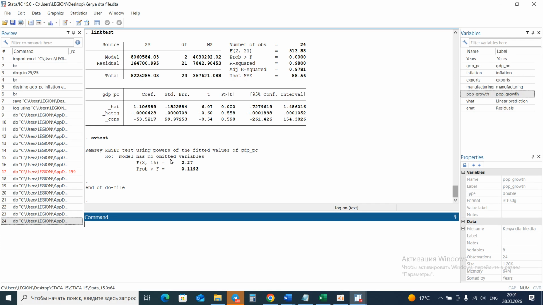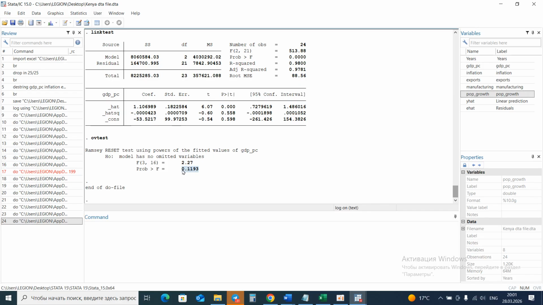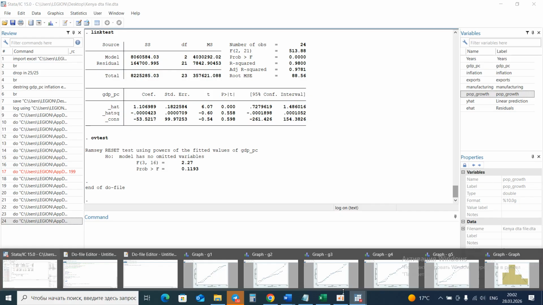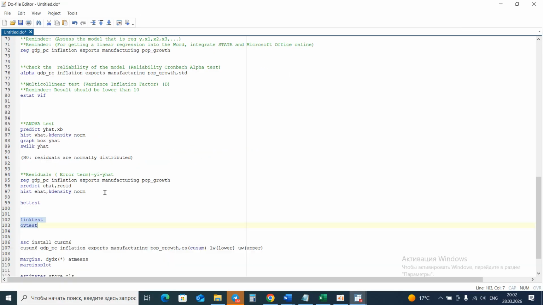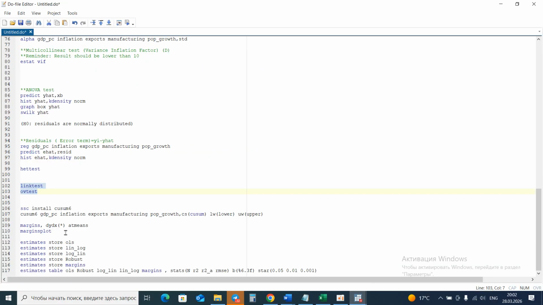So if P is more than 0.05, then it doesn't have any problem. As you can see, mine is without any problems because it is more than 0.05.